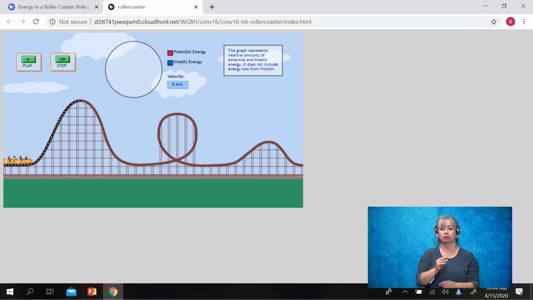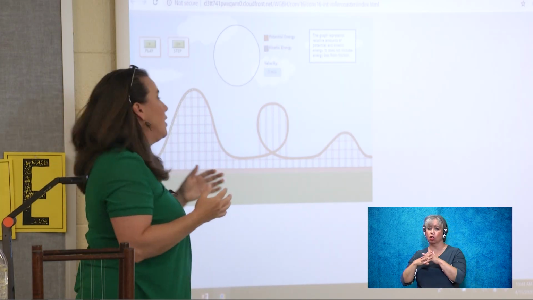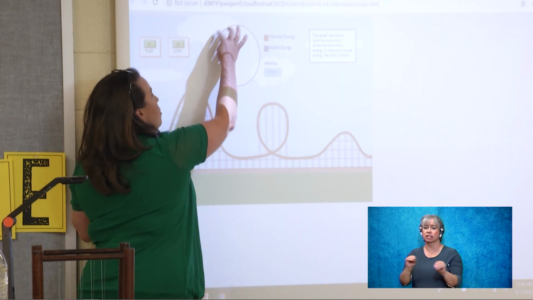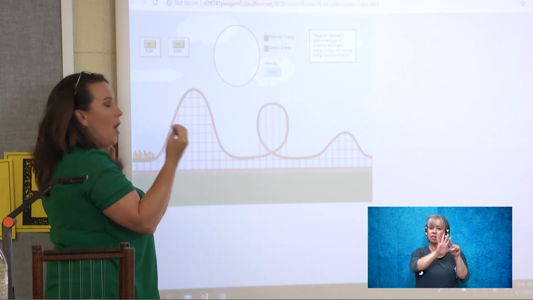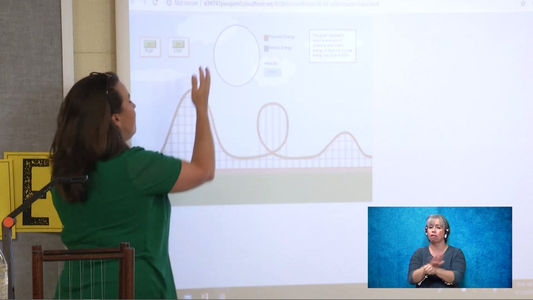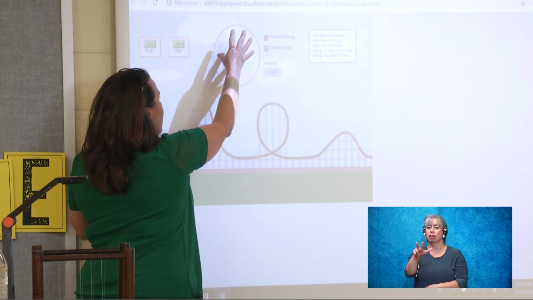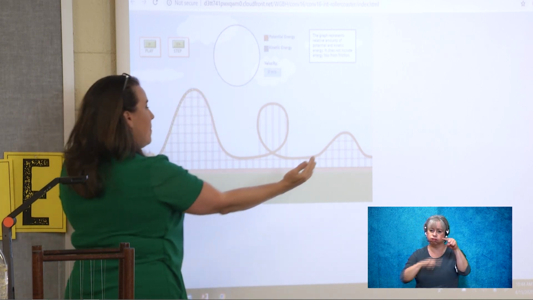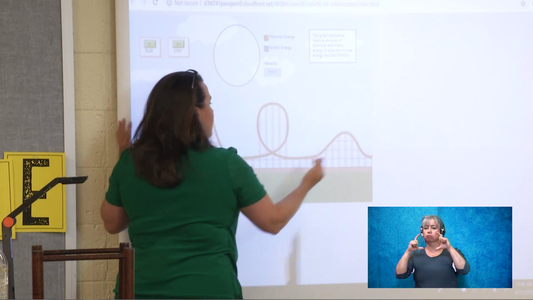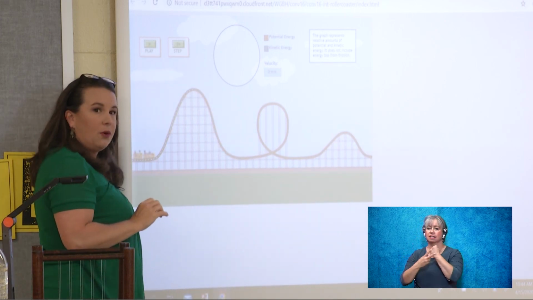And if you think back to the football player picture, we're looking at the kinetic energy of motion. Now this whole circle, if you think about I've got 100% or 360 full amount of my whole energy in my system, is going to be conserved within this whole roller coaster ride.